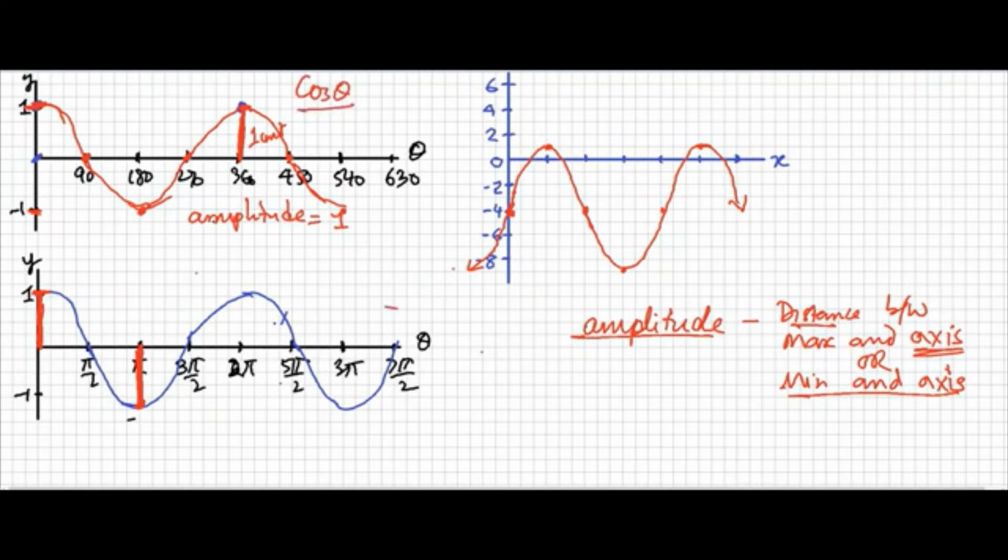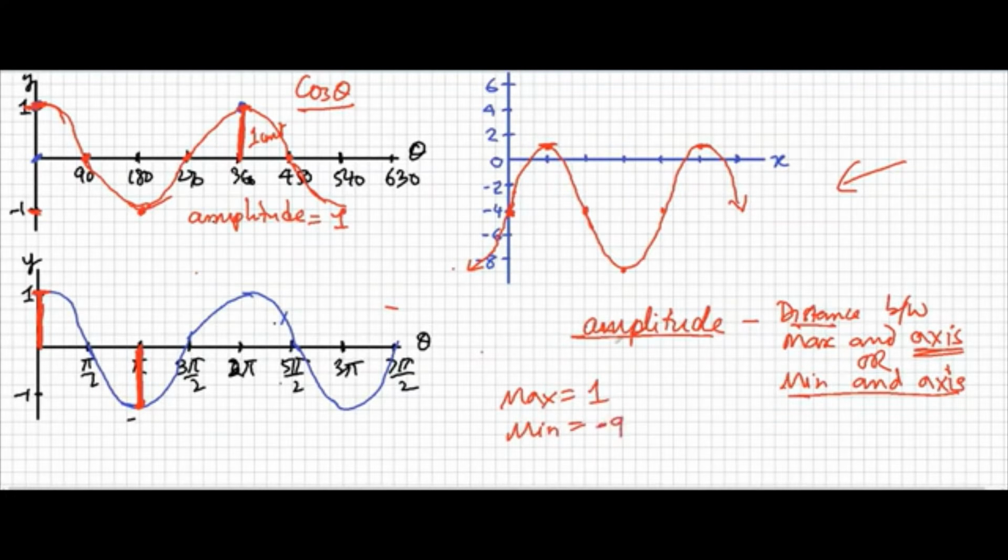But here I have drawn a not so basic sine graph, not cosine this time, sine graph. So how to find the amplitude of this? For that you should know the maximum, and the maximum is 1 in that case. We should know the minimum, which is -9, right?